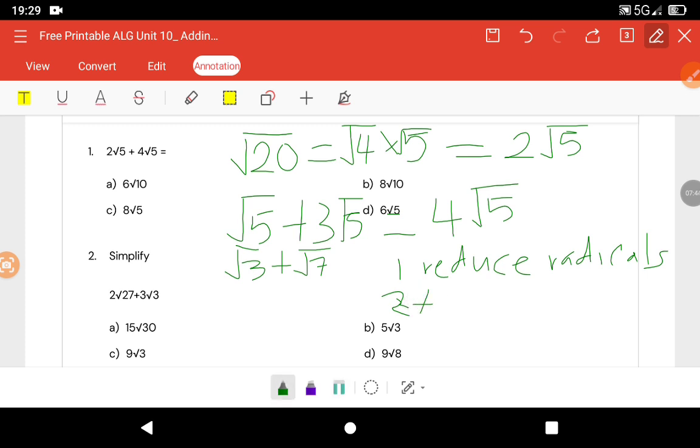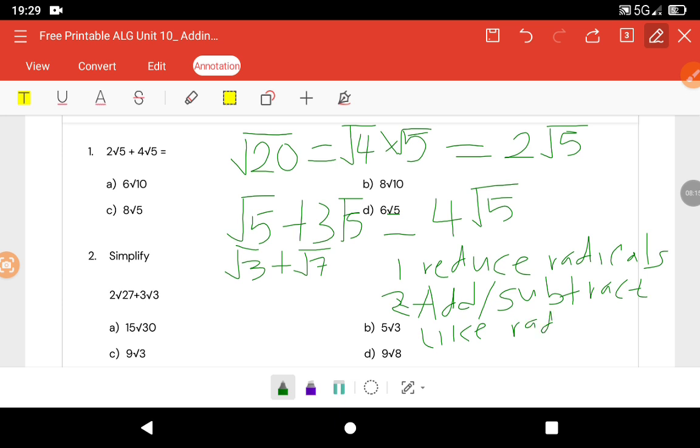So the rule says you only add or subtract like radicals. Like means similar, okay, like radicals.